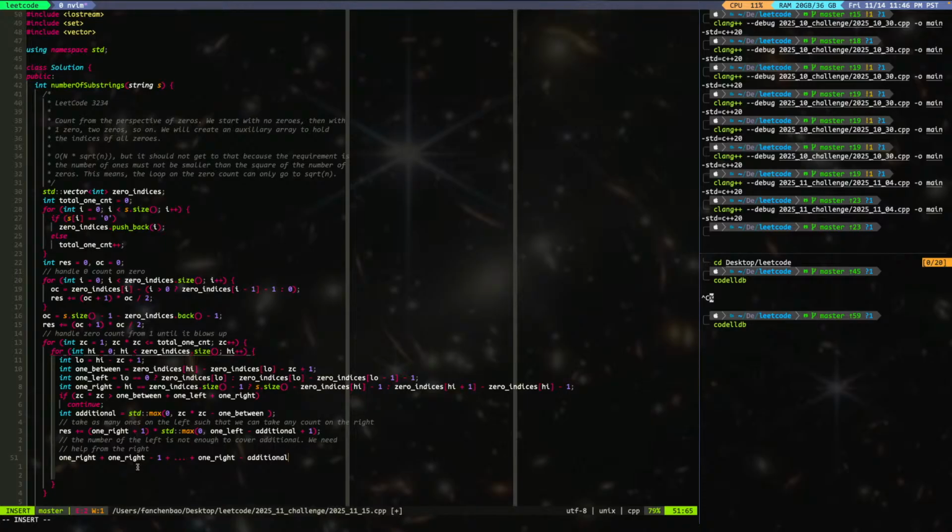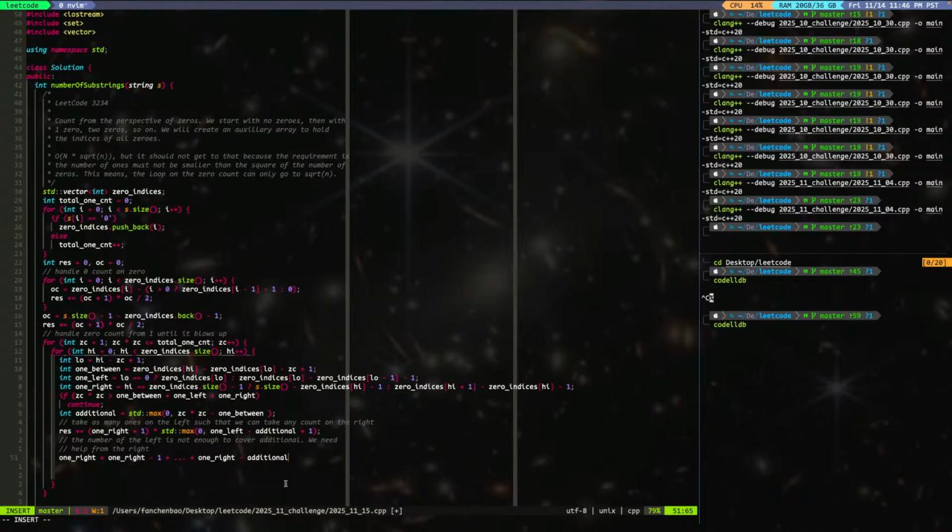All right, and then at the end the left is 0, right? Which means the right needs to support the complete additional, at least additional, right? At least additional. And how many more do we have?